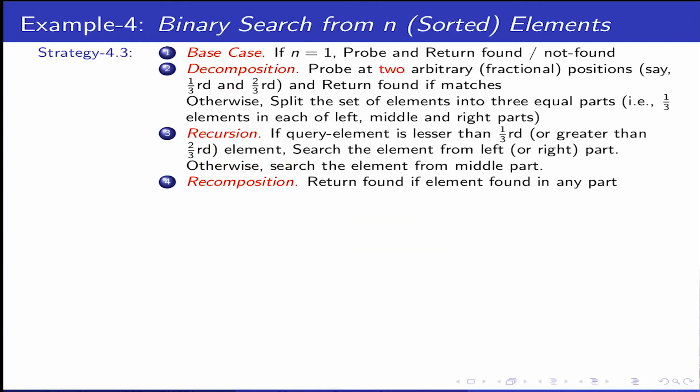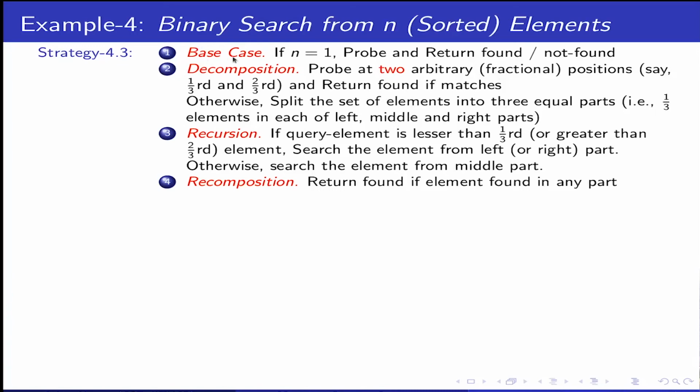Let us have a variant. Instead of dividing it into 2 parts and shifting the position of splitting, why not I split it into multiple parts? That is also possible in divide and conquer. So let us split in 3 parts and probe 2 positions, at 1/3 and 2/3.